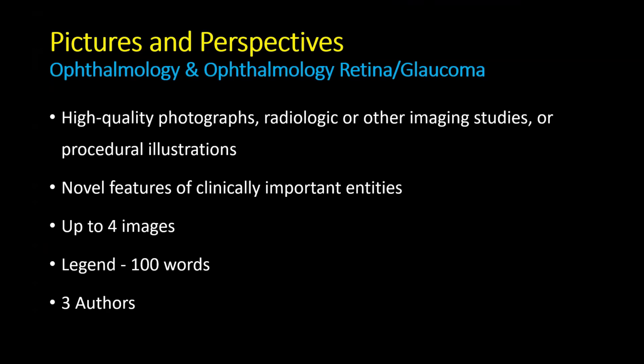You can also include photographs of CT scans, X-rays, histopathological sections, microbiology slides, and cultures. What you publish here should be something new or unique. You can have up to 4 images, and you just need to write a 100-word legend. You don't need a reference or a literature review. So it's slightly easy to write, but difficult to get published. And they allow only 3 authors.